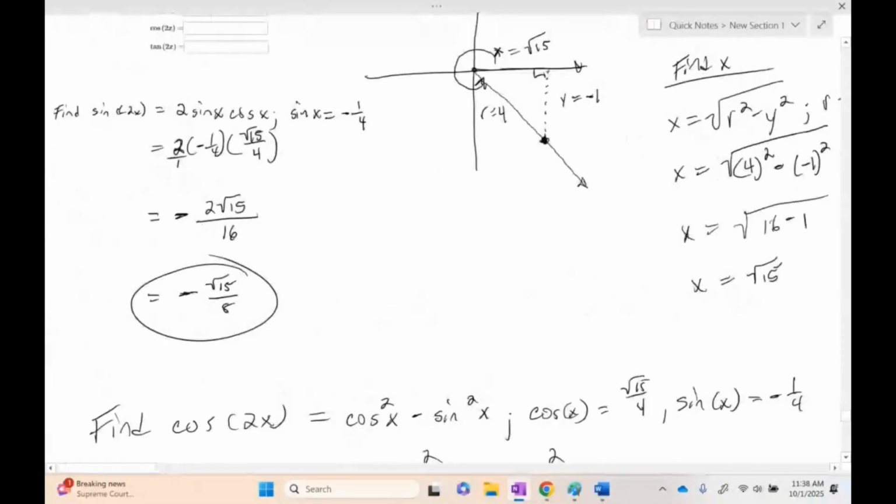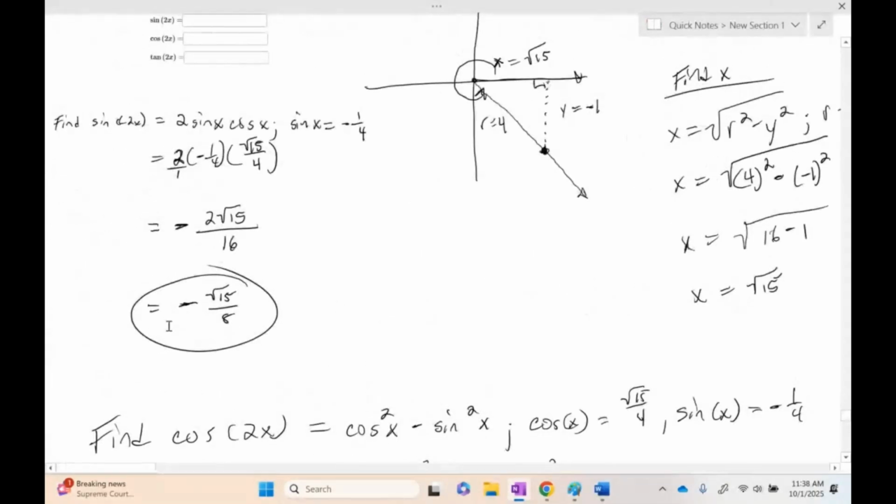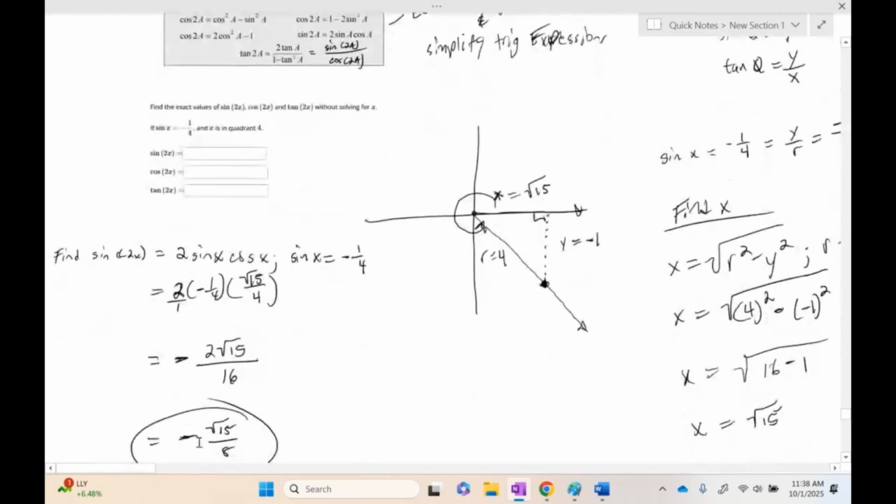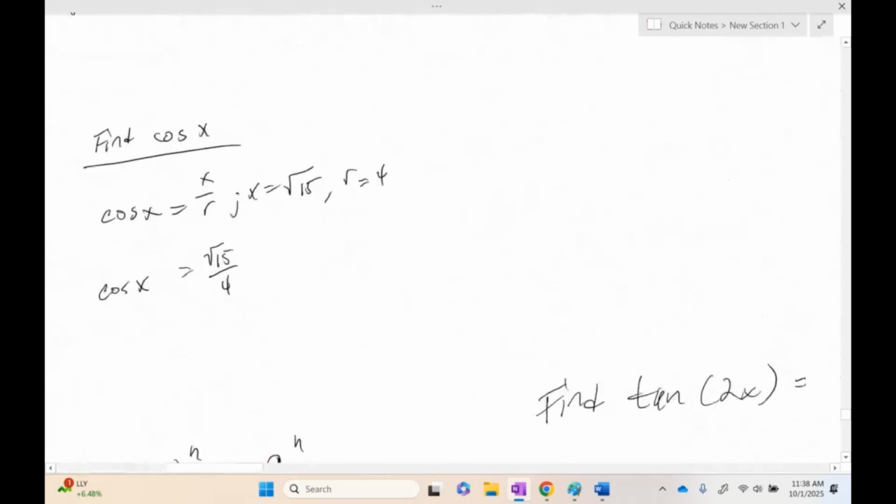It was the very first solution. So the sine of 2x is negative square root of 15 over 8. Notice I'm not using this negative 1/4 deal because that's not the sine of 2x. That's simply the sine of x. The sine of 2x is negative square root of 15 over 8.